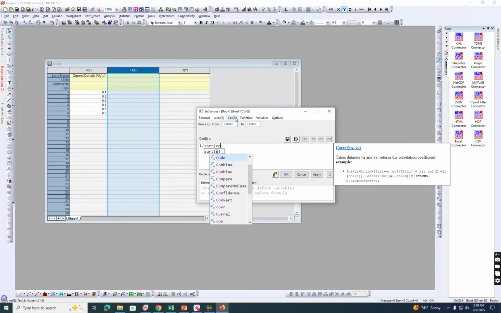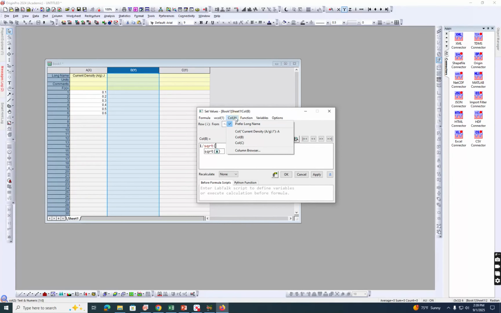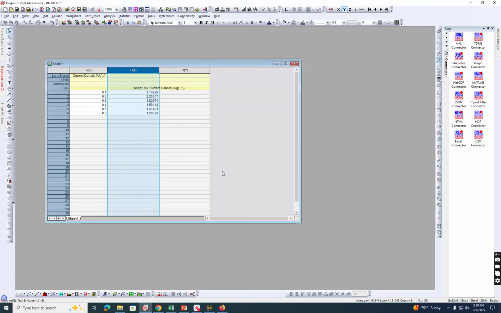Or we can directly insert the column and then close the bracket. Let's see if it works. Yeah, it worked.